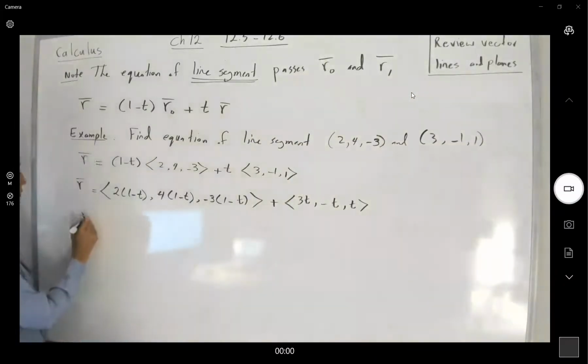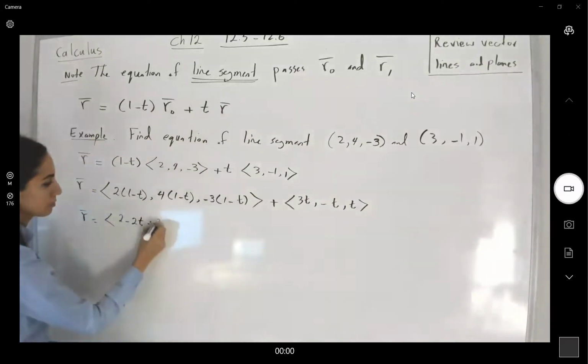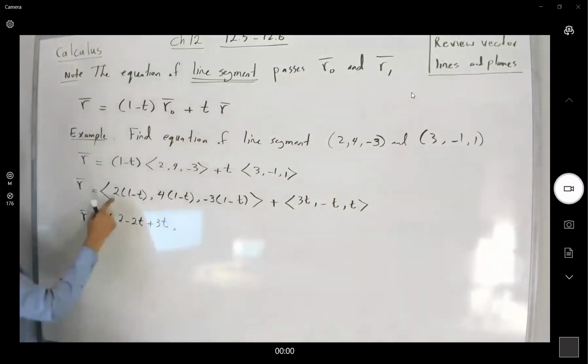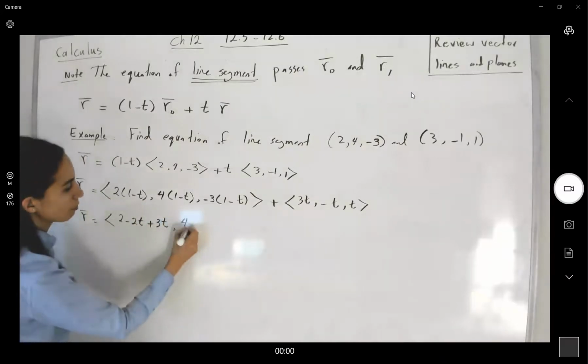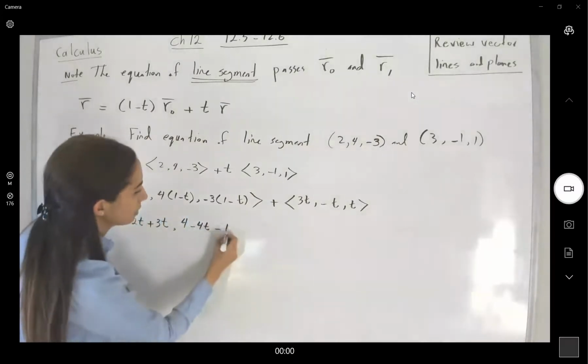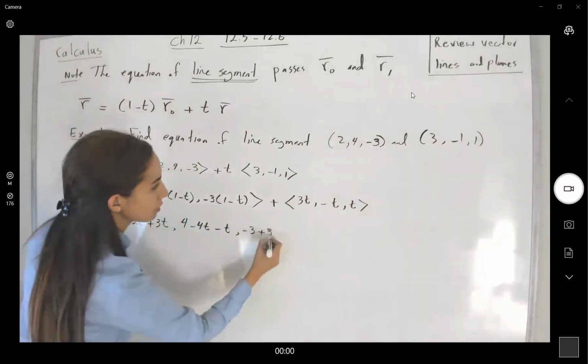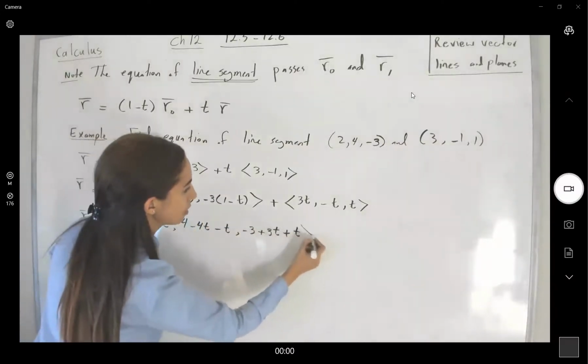So the equation of the line segment is 2 minus 2t plus 3t, comma, and here you have 4 minus 4t minus t, comma, negative 3 plus 3t plus t.